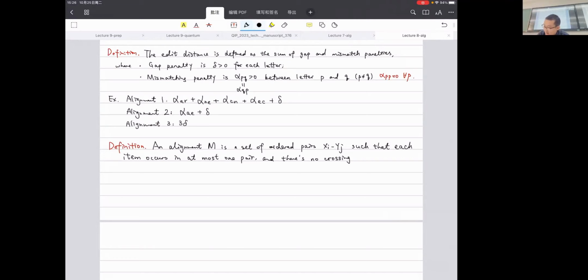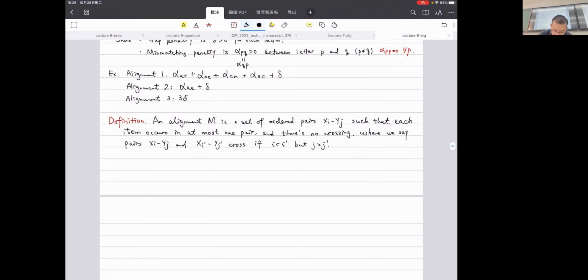We can say this in a more rigorous way: pairs xi, yj and xi prime, yj prime cross if i is smaller than i prime, but j is larger than j prime.